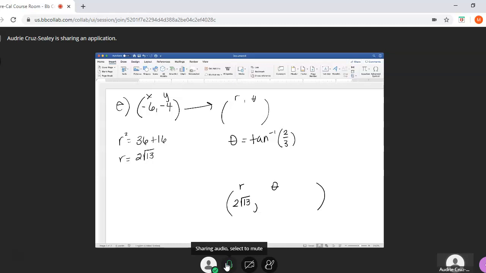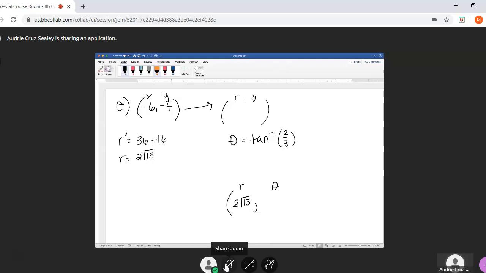Nope. Tangent exists everywhere. If you make them both negative, they're positive.